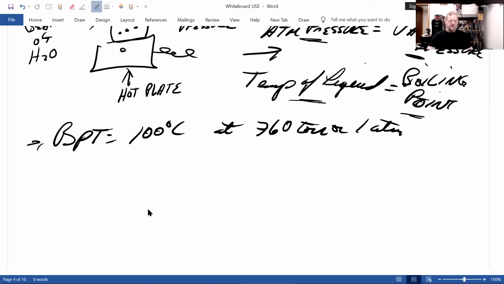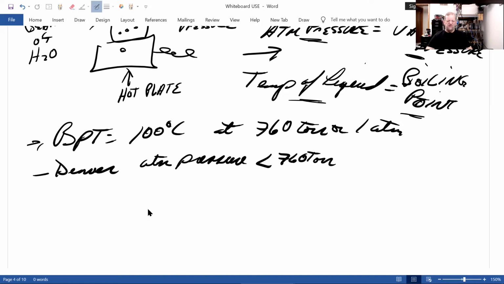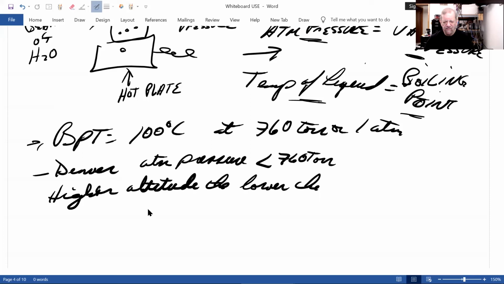Now, something else you should know. If you go to Denver, the atmospheric pressure is much less than 760. The higher you go on the planet, this you should know, the higher the altitude, the lower the atmospheric pressure.